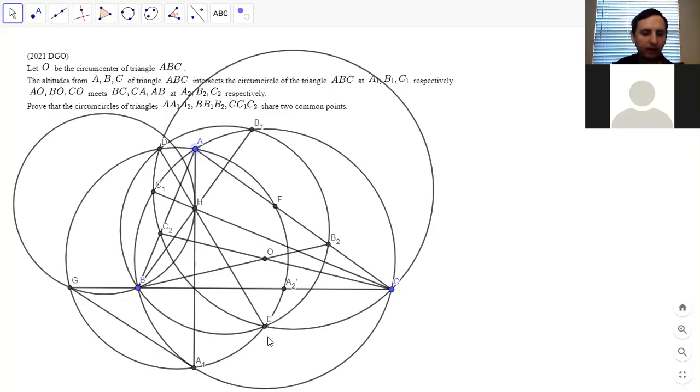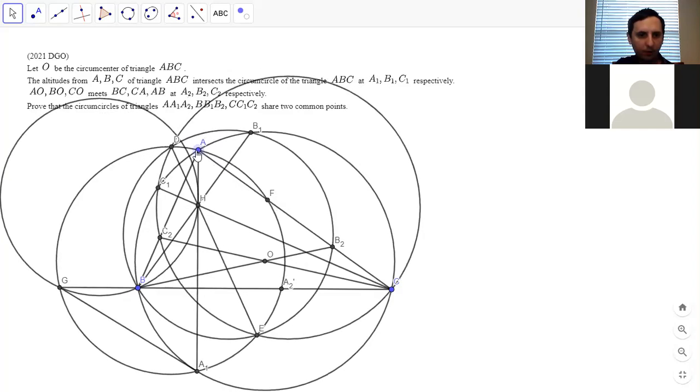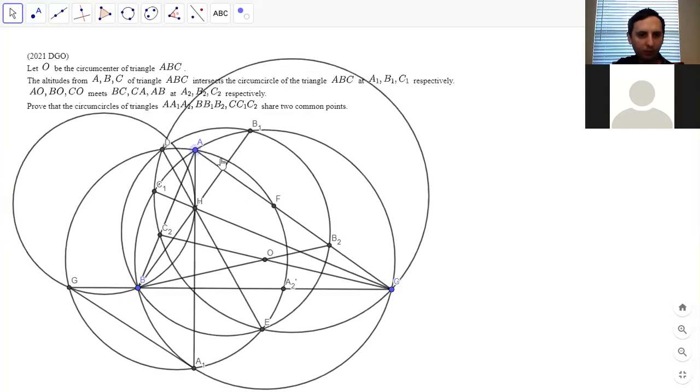We know GA equals GH. Does this circle, I don't think these three concur. Okay. No, that's just like an illusion.